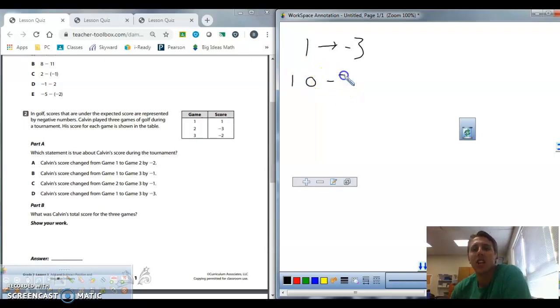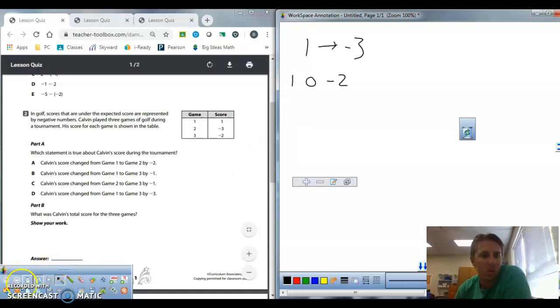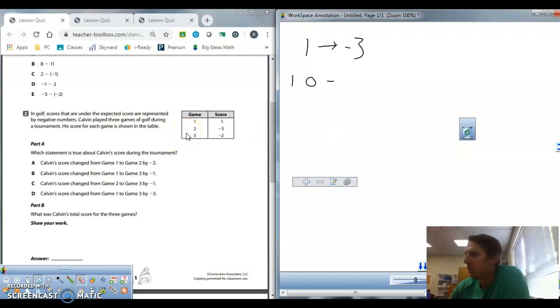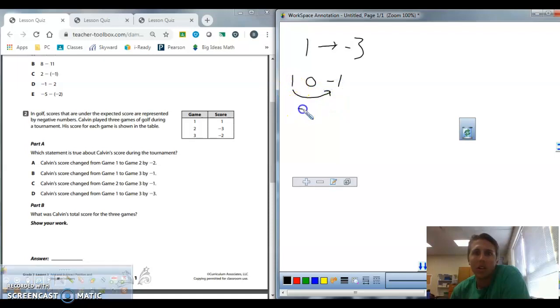If it changed -2, you'd now be at -1. Okay? So it does not change by -2. Sorry, that should be a -1 there. Alright? So from 1 to -1 is a -2 jump. Okay? So A is not correct.